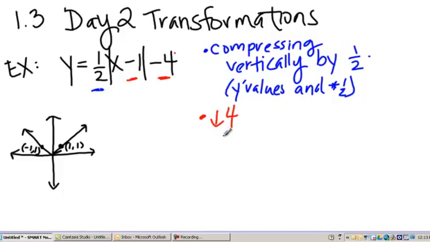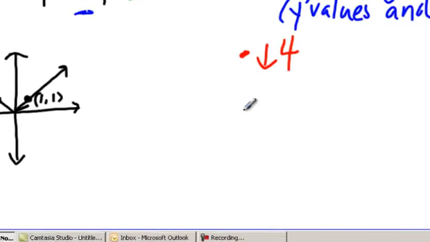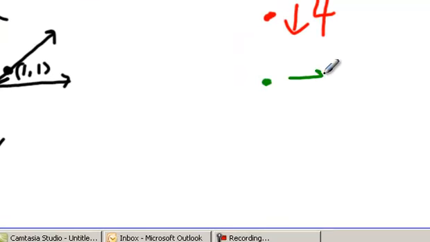So we're going to move down 4, and on the inside of the argument, I should do different colors. Let's do green. So for that one, we're going to go to the right 1. Notice it is minus 1, but we're moving to the right.